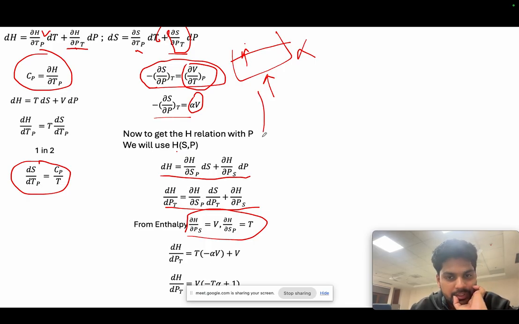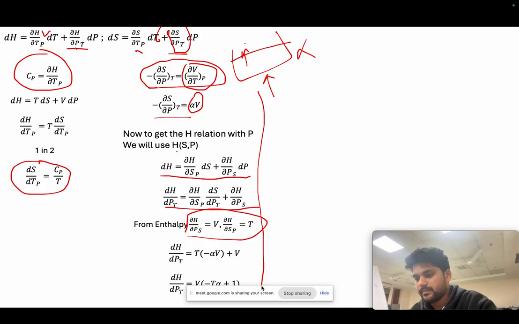So can you try to do this derivation once? If you have any doubts I will explain. I think it will take less time. Can you try to solve these equations?